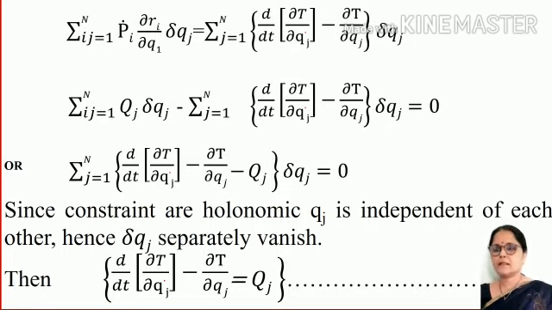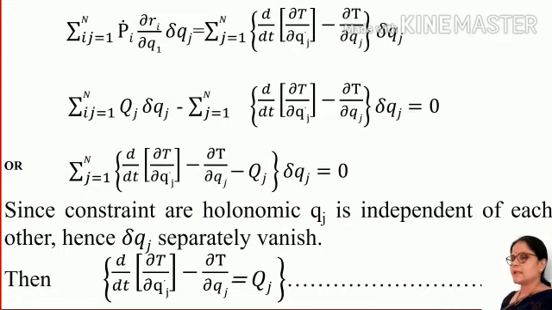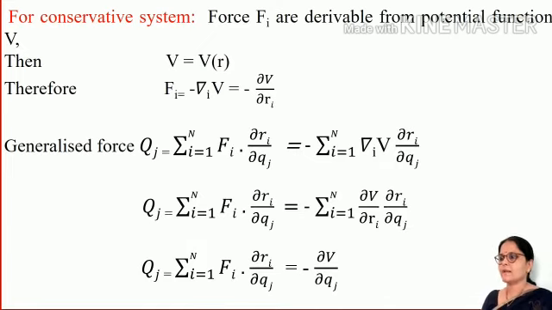But summation over j of Qj delta qj minus summation over j from 1 to n of d/dt of (dT/dqj dot) minus dT/dqj into delta qj is equal to 0. Or summation over j from 1 to n of d/dt of (dT/dqj dot) minus dT/dqj minus Qj into delta qj is equal to 0.